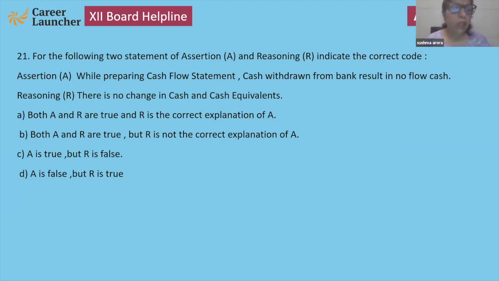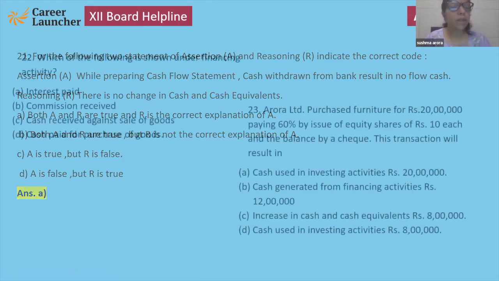See, preparation of cash flow is in 3 activities: investing, financing, and operating. And cash flow statement shows the inflow and outflow of cash and cash equivalent. So here, cash withdrawn from bank has no effect, no flow, because both are equivalent to cash. That's why the answer is A. Next.